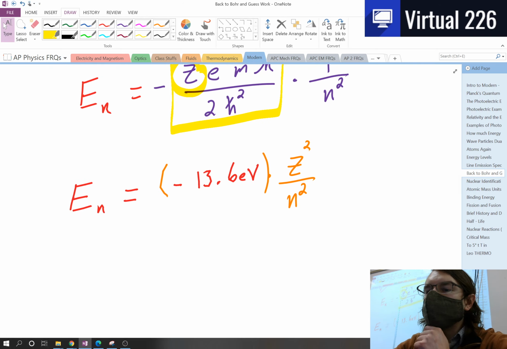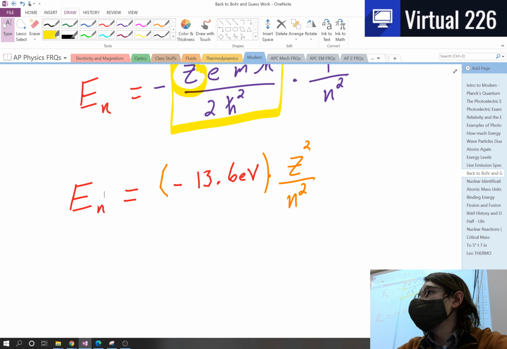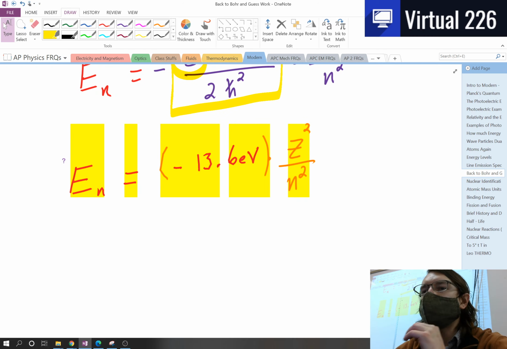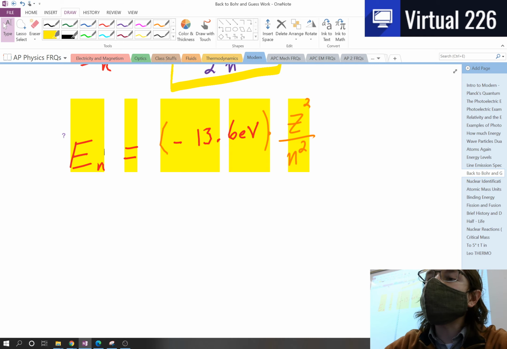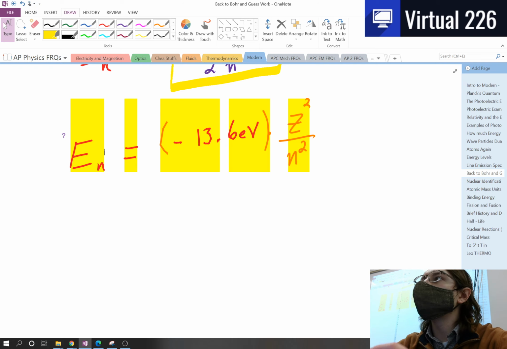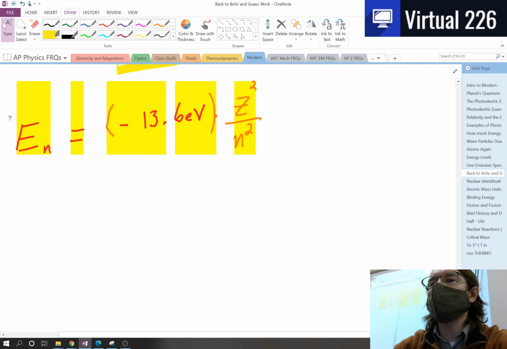This gives us an energy level of any possible element. This equation we have here, En equals negative 13.6 electron volts times Z squared over n squared, where Z is the number of protons in the nucleus and n is the level you are at, the principal quantum number. This is the equation we use to build our electron energy level diagrams.